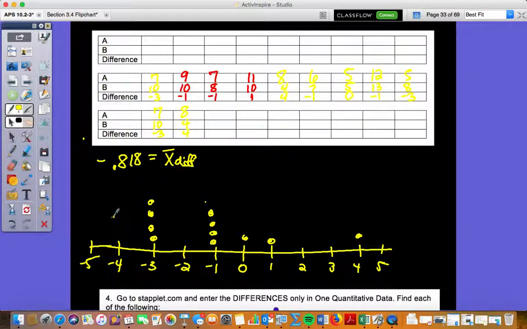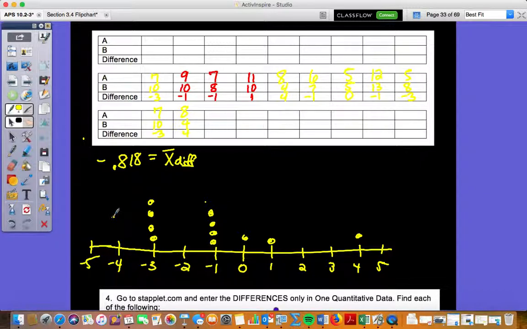All right, so as we're looking at this, what does 0 mean? They got the same amount. Exactly. It's evidence that there's no difference between method A and B. Anything to the right side, what Sarah did, showed that A is greater or better, however you want to put it.